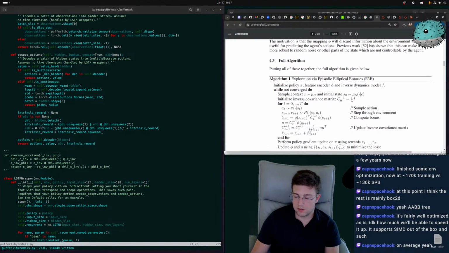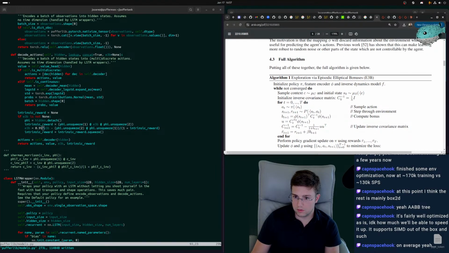And what do they do here? They do this B term. One over 1 plus this. 1 over 1 plus intrinsic. And they do this outer product minus that, which is fine.